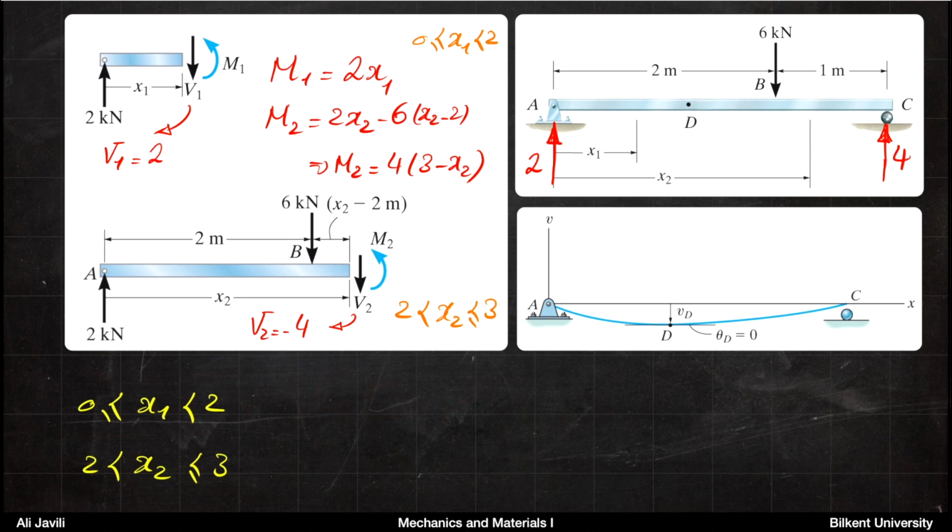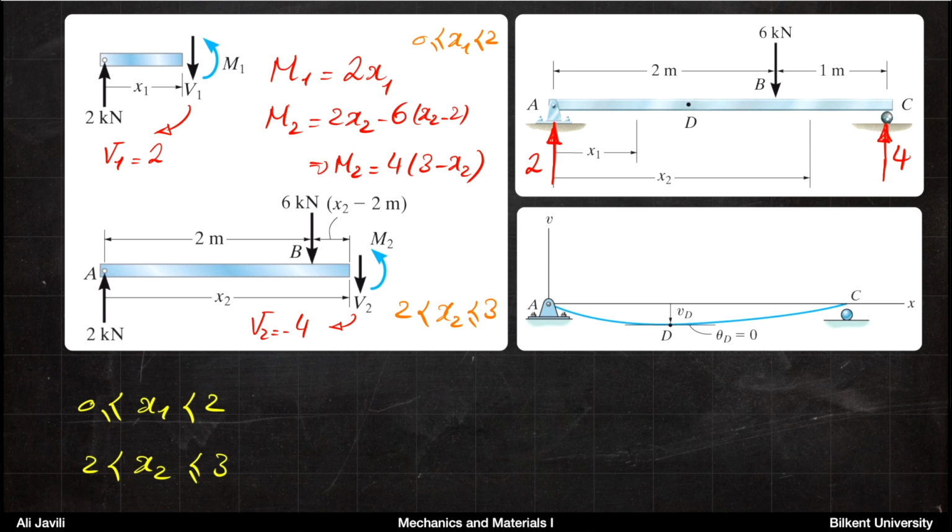On the other hand, if you cut it somewhere here at any point between B and C, your moment equation would be 2 times x2. This is because of the force 2 at the distance x2, obviously, minus 6 times (x2 minus 2).